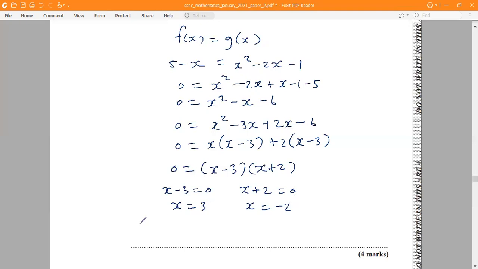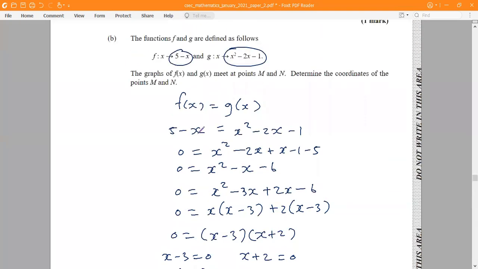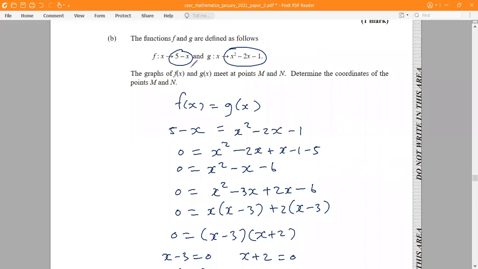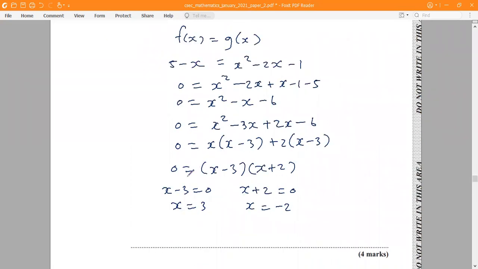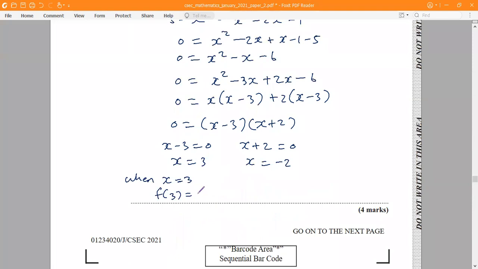So when x is equal to 3, we substitute x equal 3 into this equation. When x is equal to 3, let's use f of x. f of 3 is equal to 5 minus x, which is 5 minus 3, which is 2.